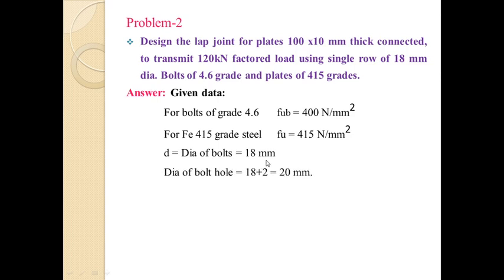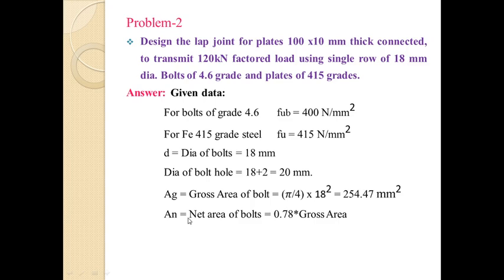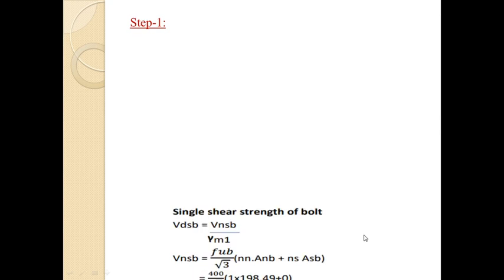The diameter of bolt hole is the diameter of bolt plus 2 mm, that is 20 mm. The gross area of bolt is pi by 4 into 18 square, that is 254.47 mm square, and we calculate the net area of the bolt, 0.78 multiplied by gross area, which is 198.49 mm square.